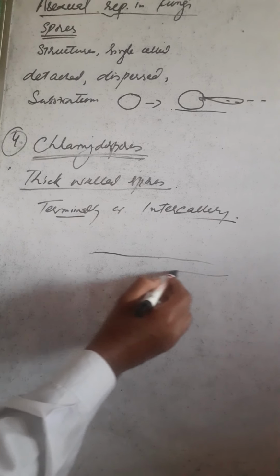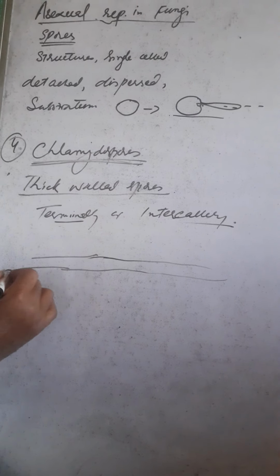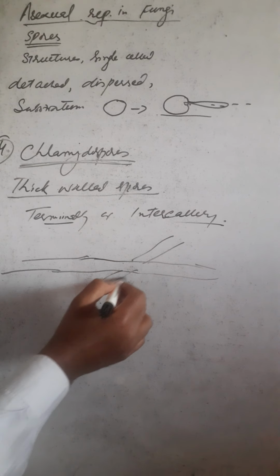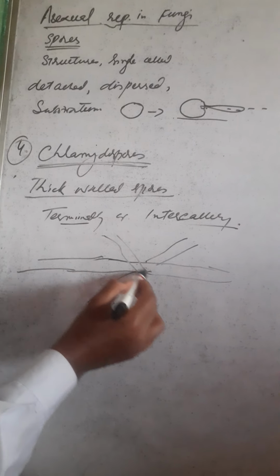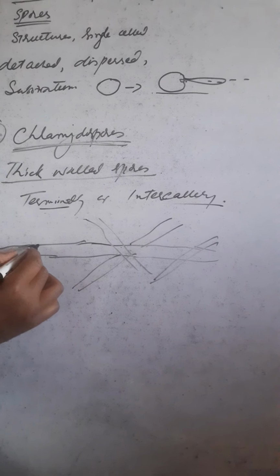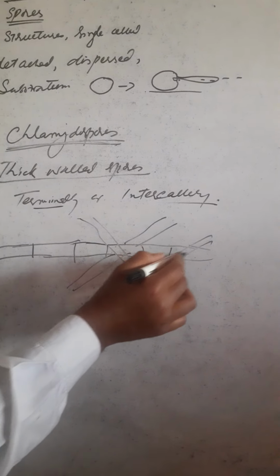This is the hyphae. They are produced directly from the hyphal cells. For example, these are the hyphal cells.